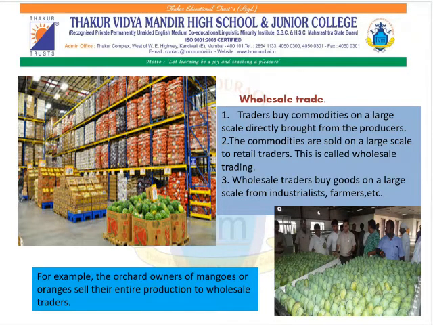The commodities are also sold on a large scale to retail traders. This is called wholesale trading. Wholesale traders buy goods on a large scale from industrialists, farmers, etc. For example, the orchard owner of mangoes or oranges sells their entire production to the wholesale traders.